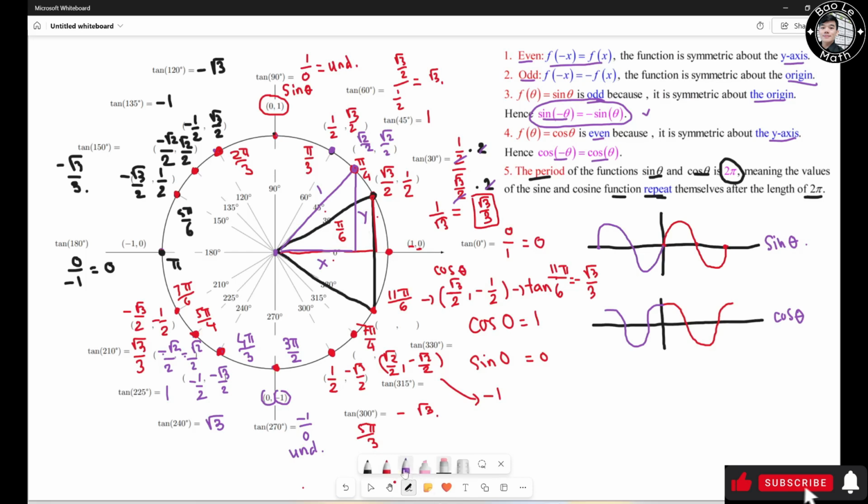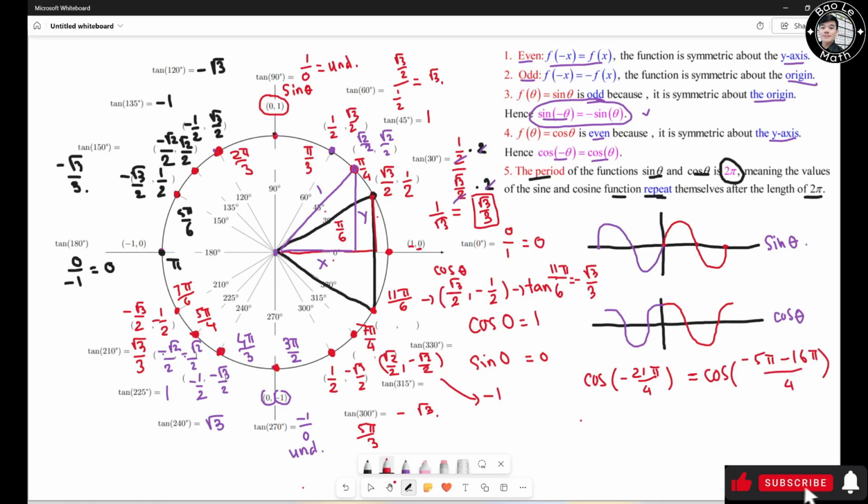Now let's move on to the next one. Suppose we need to calculate cosine of negative 21 pi over 4. Again, we need to write this in terms of 2 pi. So I write this as negative 5 pi minus 16 pi over 4.